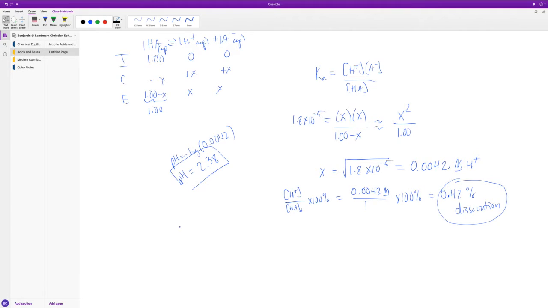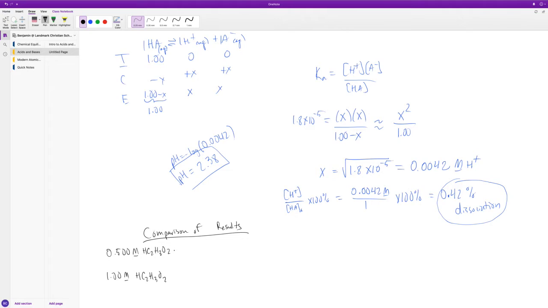So, comparing the results, we had our two solutions. We had the 0.5 molar acetic acid, and we had the 1 molar acetic acid.